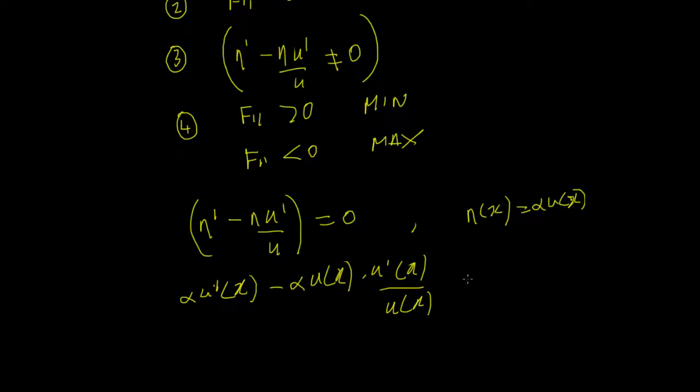The u of x cancels, and you have alpha u derivative of x minus alpha u derivative of x, so the whole thing ends up being 0.